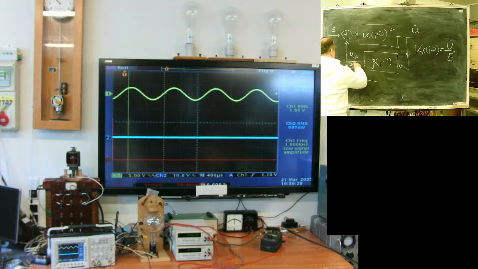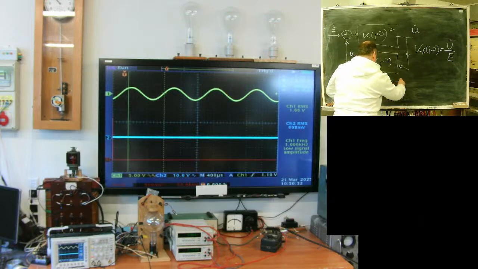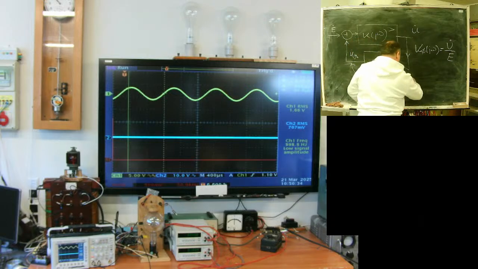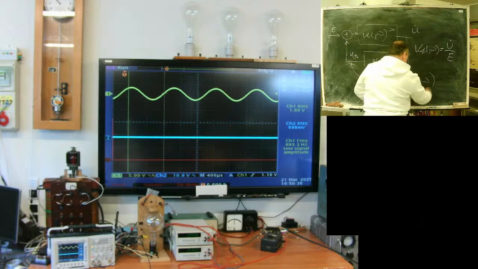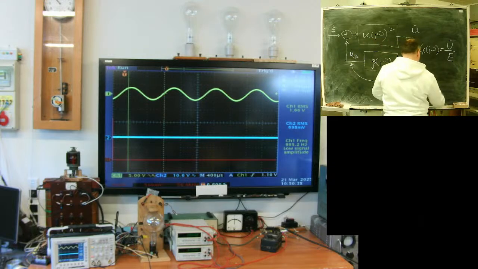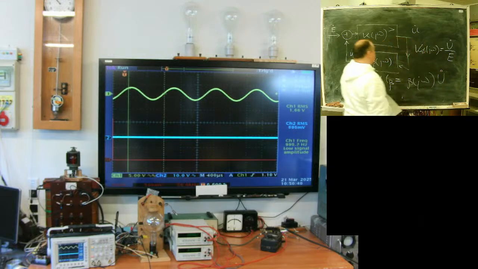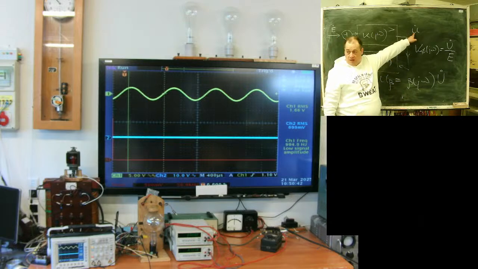What will we get here? That should be the transfer of return multiplied by this voltage. Yeah?